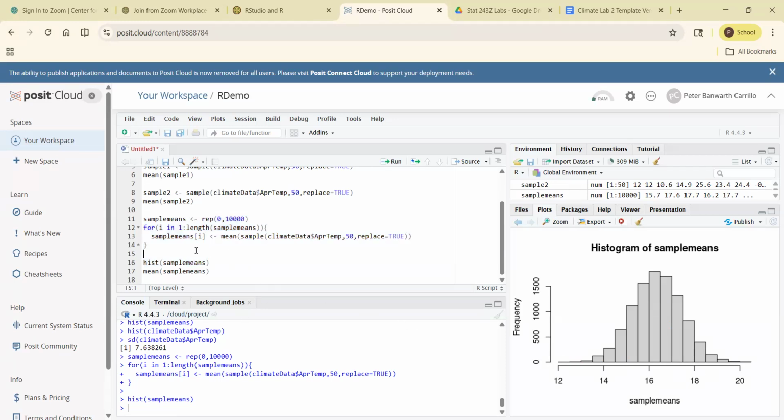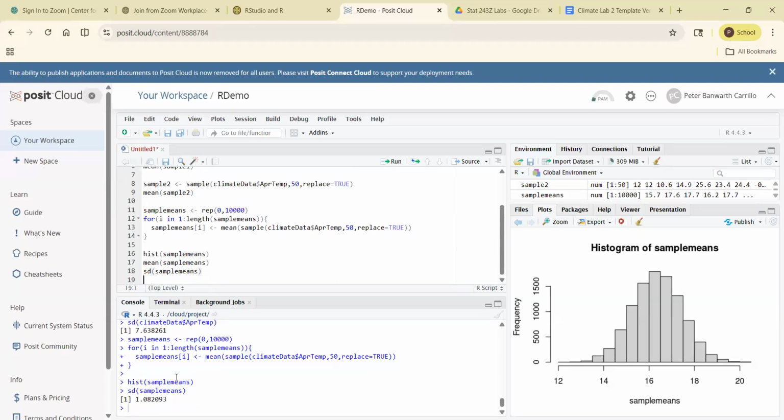And we can actually see what that standard deviation is. Remember that the standard deviation of our climate data was about 7.5. The standard deviation of our sample means is only about 1.08. It's a lot smaller than the standard deviation of the sample.